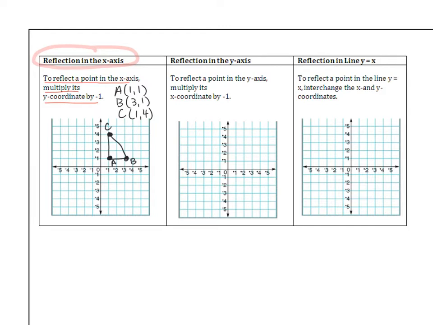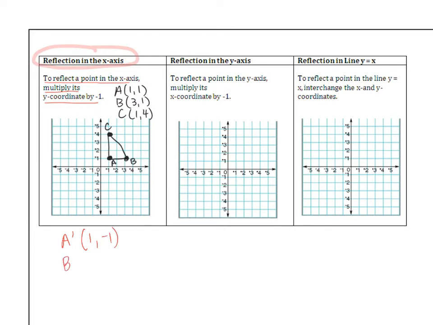And so the mathematical way is to leave the x-coordinate alone for each point and take the y-coordinate and multiply by -1. So our new A is going to be called A prime. It's an A with a little apostrophe by it. The x-coordinate remains 1, but if we take the y-coordinate, which was 1, and we multiply it by -1, we get -1.